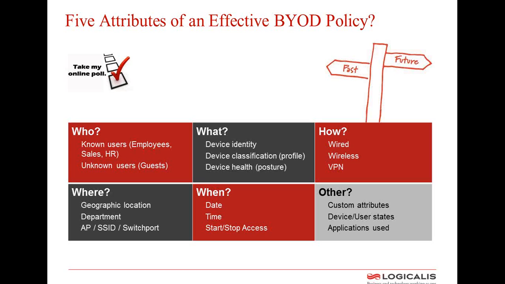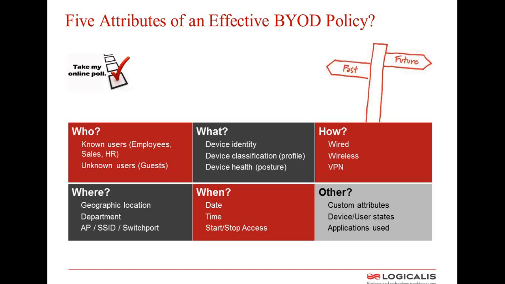All these different ways of visibility become available to us to implement policy. Their geographic location, what sort of wireless SSID, in effect the identifier, they're using to connect on, how long they connected for, and other custom attributes that we've got.